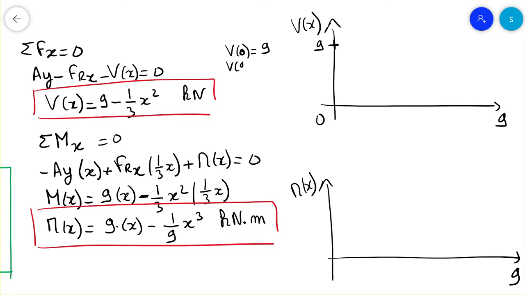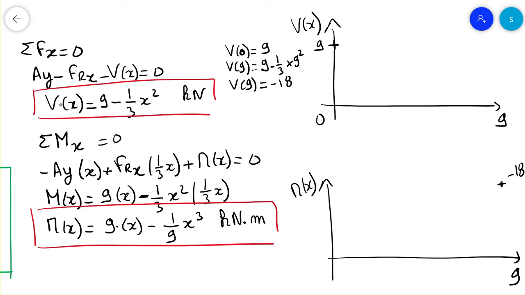And for V of 9, it's equal to 9 minus 1/3 times 9 squared. So V of 9 is equal to, how much is that? Minus 18. Okay, so it goes down to there, minus 18.